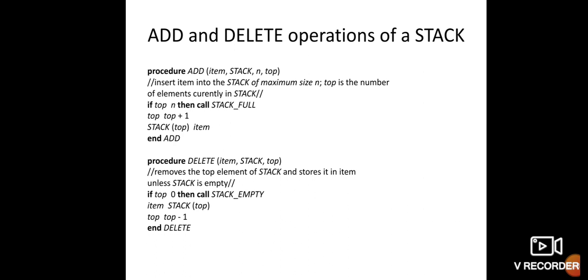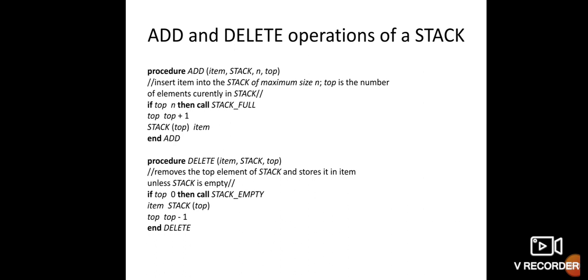So first you're checking if top is equal to n, suppose it has reached n, the pointer has reached the top of the stack, then you should display stack full. If the condition fails, it comes to the next step, that is, each time it will increment top by 1 until the stack is full.